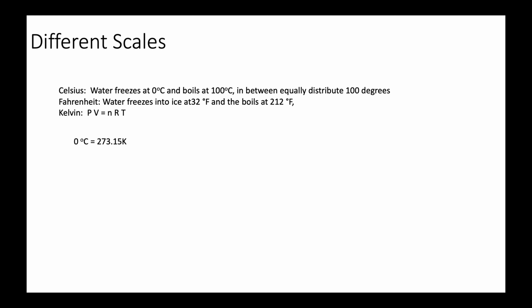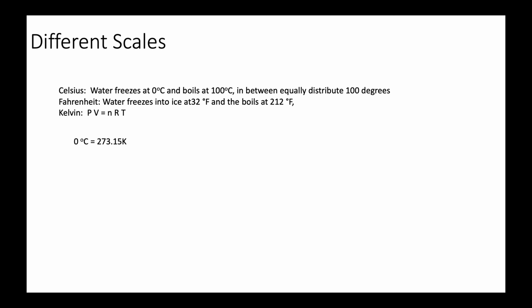That temperature is called absolute zero, and that's what we call 0 degrees Kelvin. And 0 Kelvin is negative 273.15 degrees Celsius. On the other hand, 0 degrees Celsius is 273.15 K. K stands for Kelvin, right?